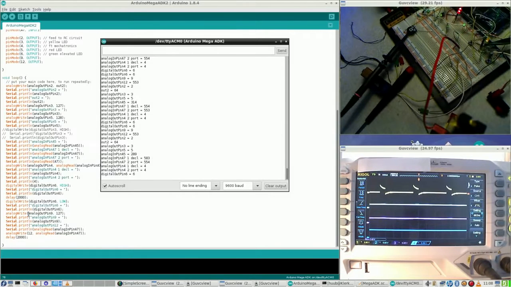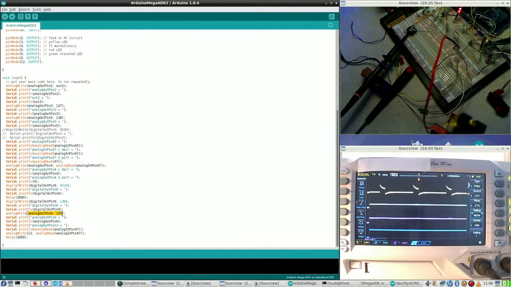Right here, analog out pin 127, analog out pin is this one, is 9, but I'm not writing this. Things are a mess.